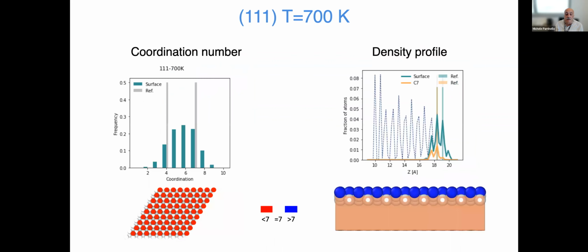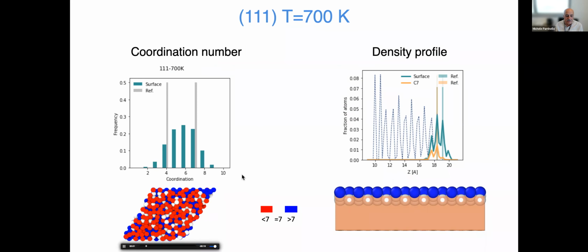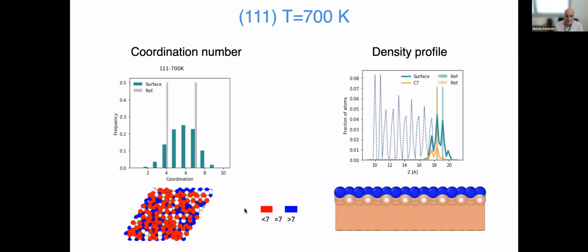Okay, so there are other things. The coordination number: in the T equals 0 situation these are the coordination numbers of the atoms at the surface, but when we move, there is an infinite possibility of coordination. And this you can see also here.